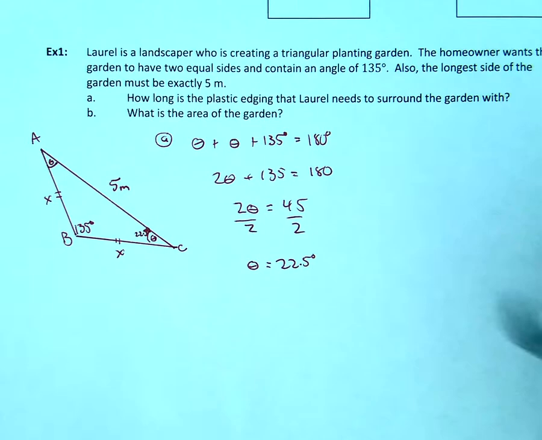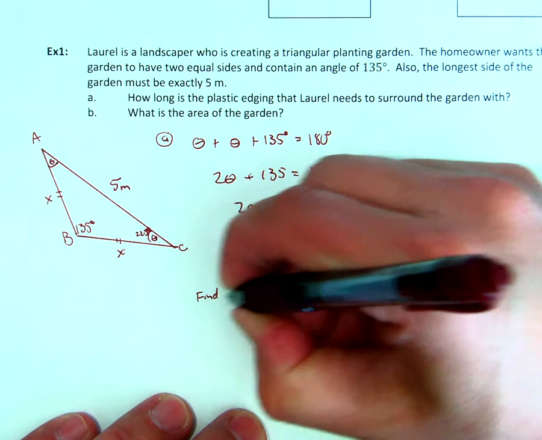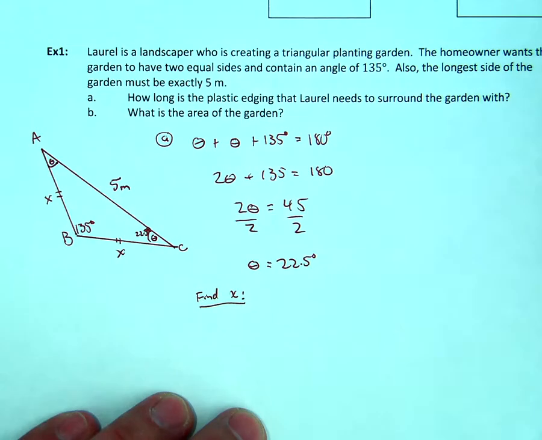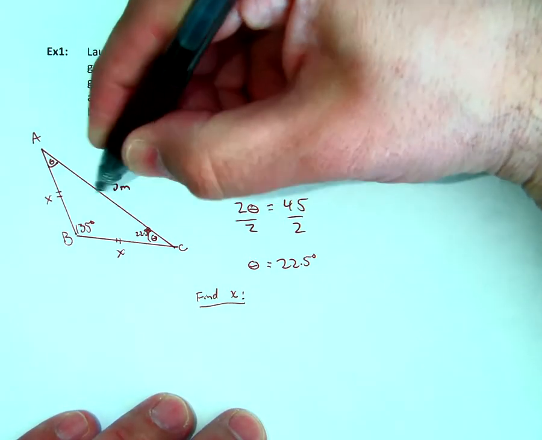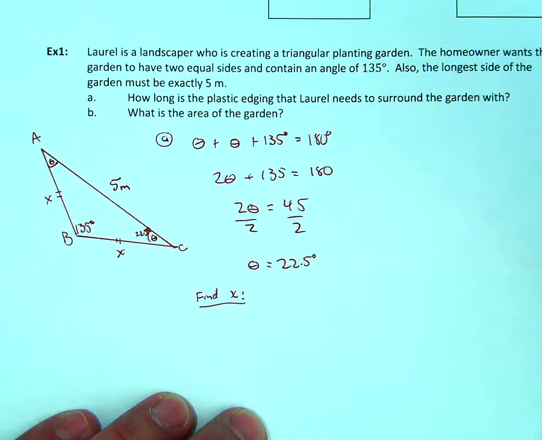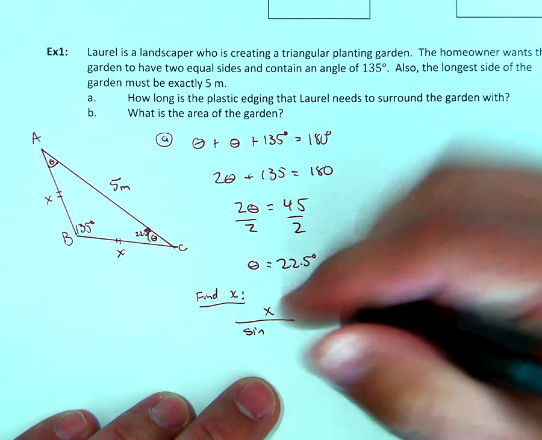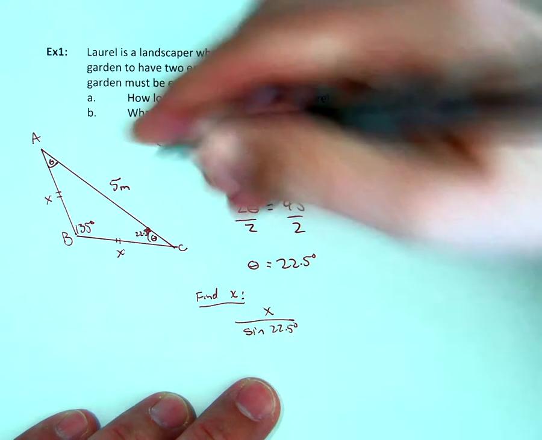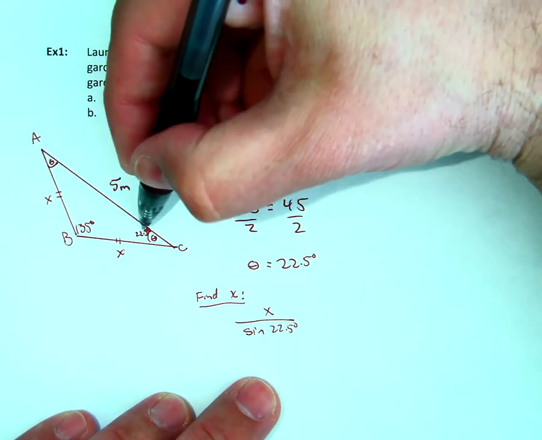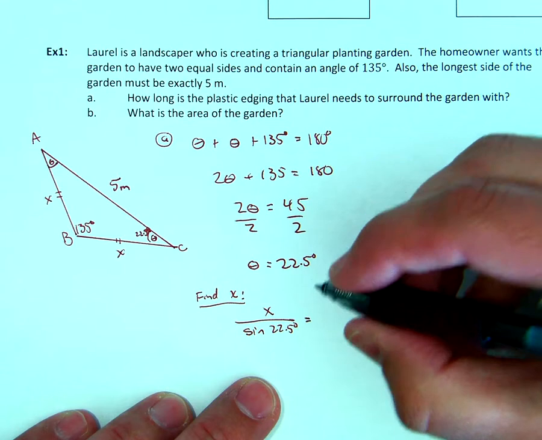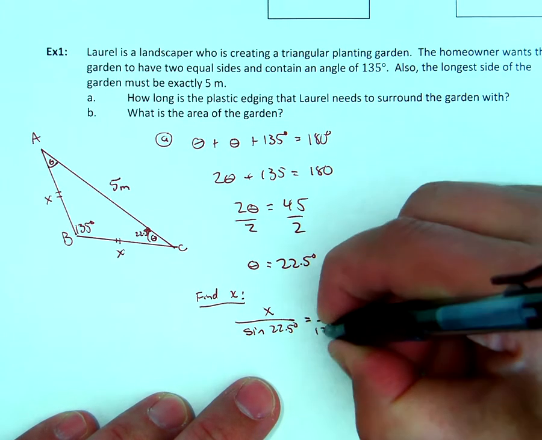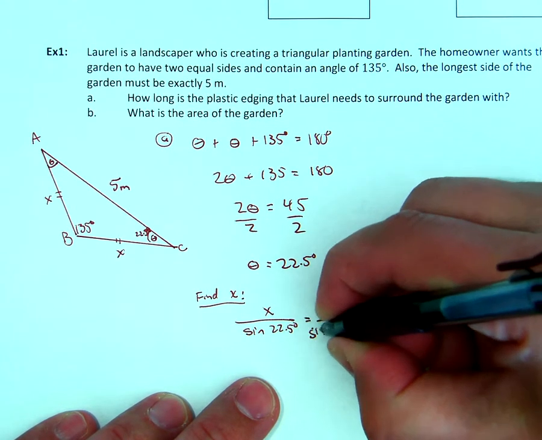So what I need to do is just figure out the length of x. So find x. And to do that, now I've got an angle across from a side, so I can use the sine law. So I'm going to have x over sine 22.5, the angle across from the x, is equal to 5 over sine 135.